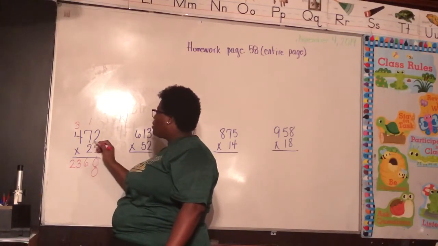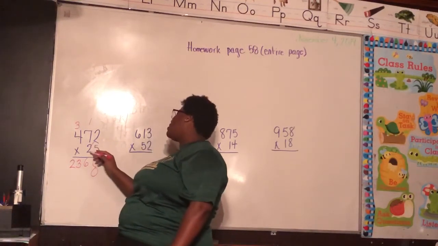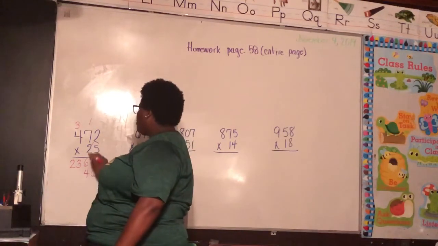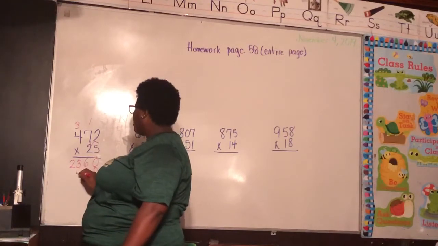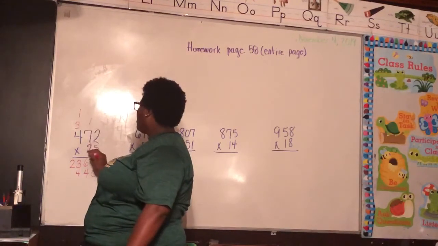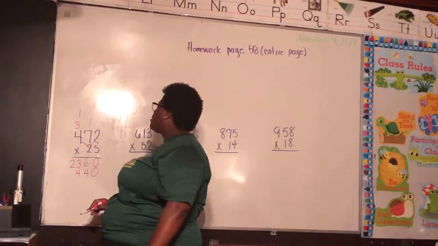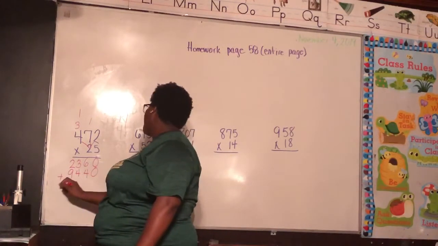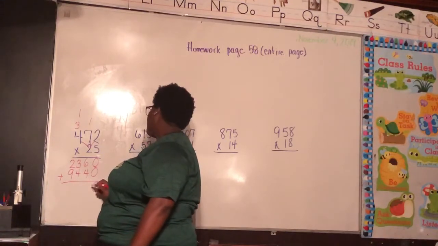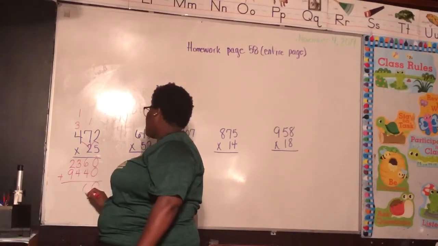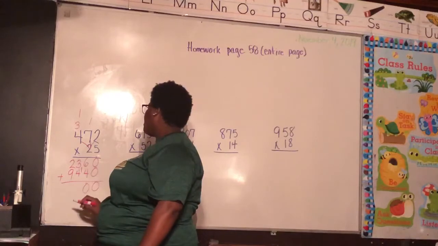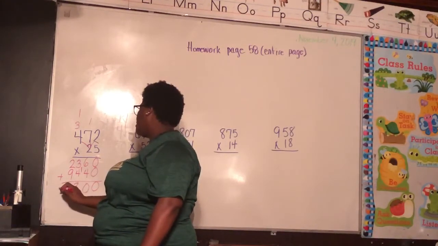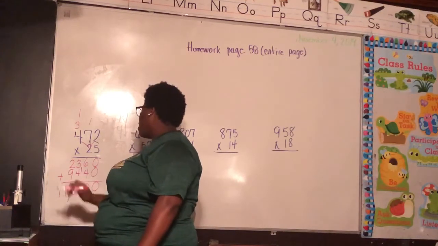Now we start with the tens place. 2 times 2 is 4. 2 times 7 is 14. Put my 1. And 2 times 4 is 8 plus 1 more, which is 9. Add it up. Carry the 1. And don't forget your comma.